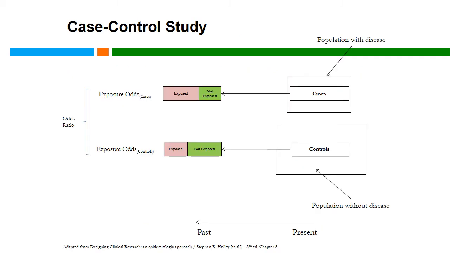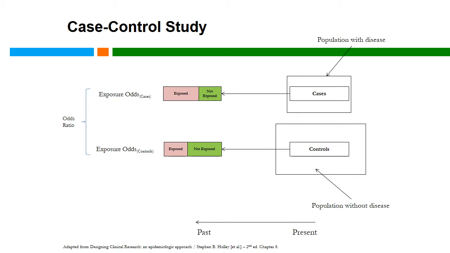Graphically, we can think of a case control study as starting in the present with the selection of the cases from the population of all individuals with the disease and the selection of controls from the population of all individuals without the disease. After we've identified and enrolled the cases and their controls, we look to the past to characterize the exposure for each group. In this case, we identify the number of cases with and without the exposure and the number of controls that did or did not experience the exposure.